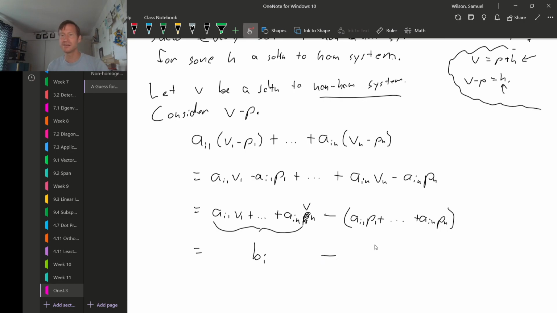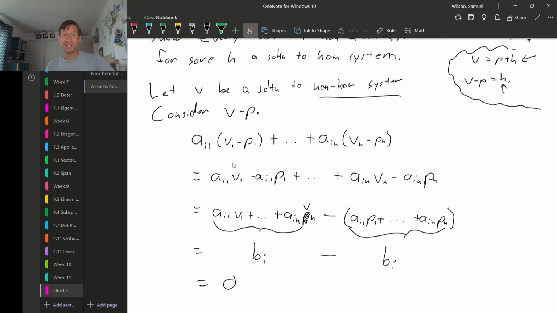Okay, minus. Now what is this? Well, p is also a solution to the non-homogeneous system. So here we've plugged the entries of p into the ith equation. That means we get the right-hand side of the ith equation of the non-homogeneous system, and that's b sub i. And b sub i minus b sub i, that's 0.